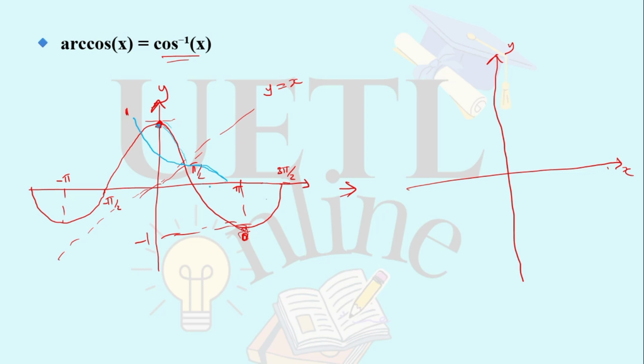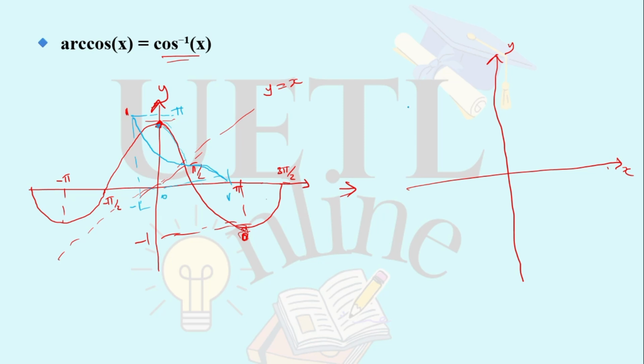Now it's easy, we just draw this graph clearly. The values which are here are going to be here. So this value is going to become 1, and this value is going to become minus 1, and the values of x are going to change to be y. Then this one becomes pi, and this one is going to become 0. As easy as that.